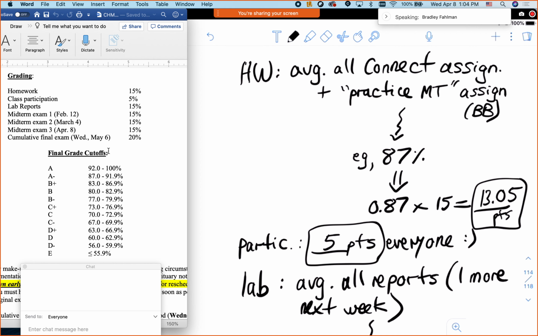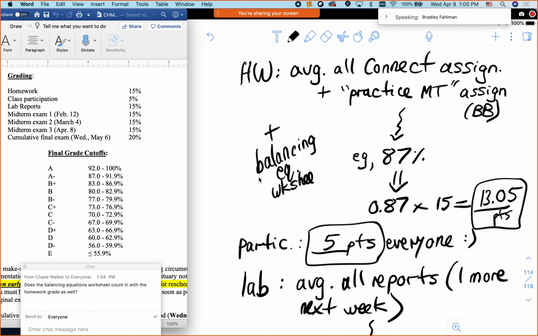Okay, and then the next category is class participation. And, balancing equations worksheet. Yes, good point. Was there anything else in there? I think I forgot about that worksheet.